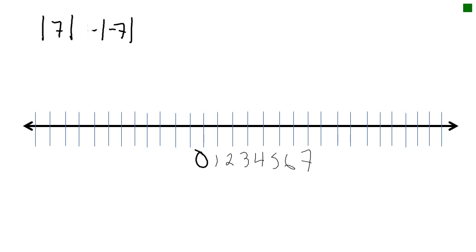So let me do a versus. Okay. So we have our positive 7. Now let's go ahead and plot our negative 7. Okay, our negative 7's there.